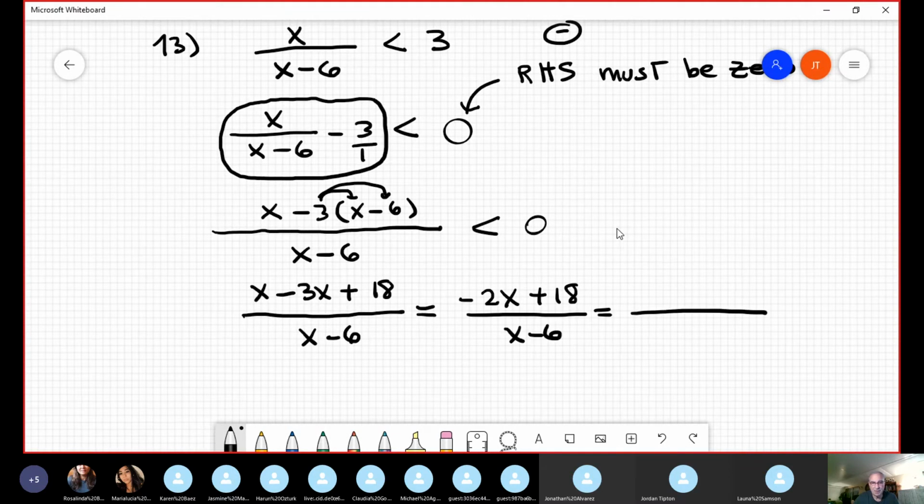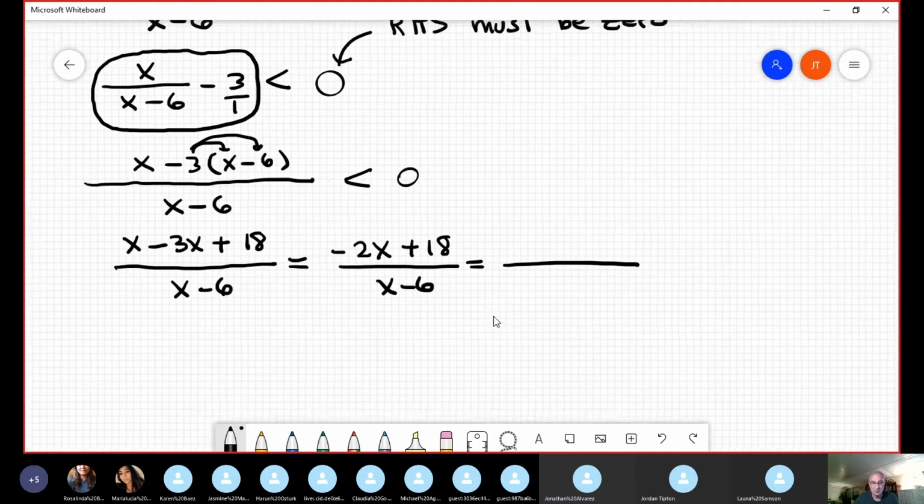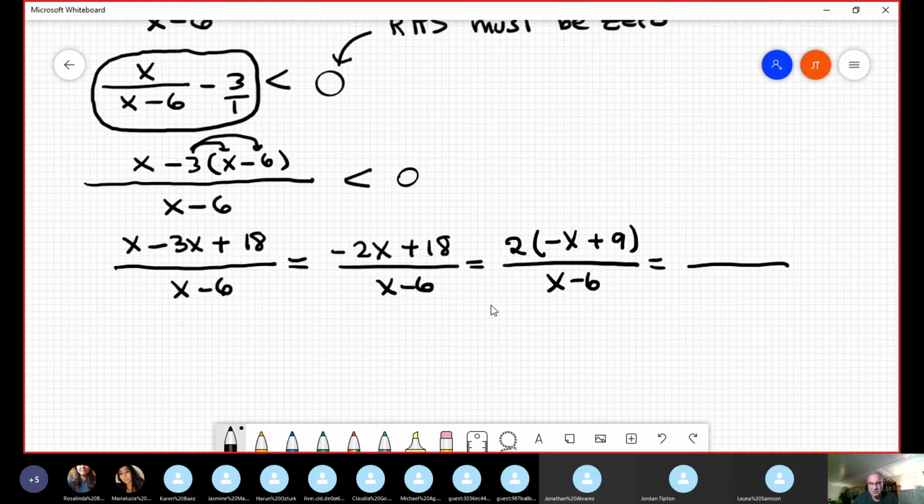I can see in the top we have the greatest common factor, and the greatest common factor is 2, no? 2 or negative 2, I don't know exactly. Doesn't matter what you want to factor out. I factor out 2. We have minus x plus 9, over x minus 6. I change the order to see much better, right?